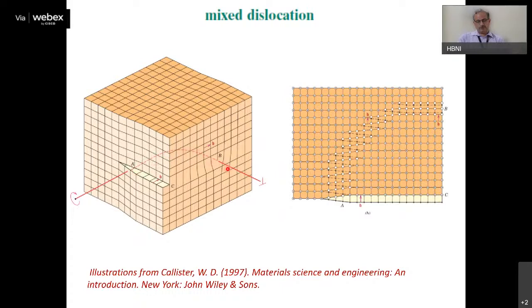But when you come out from this surface, here it is an edge dislocation. So these kinds of dislocations are called mixed dislocation. If you take a slice at this plane, you will see slight atomic movements on this plane that describe this mixed dislocation.